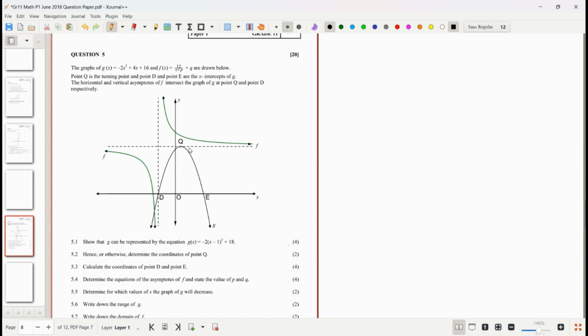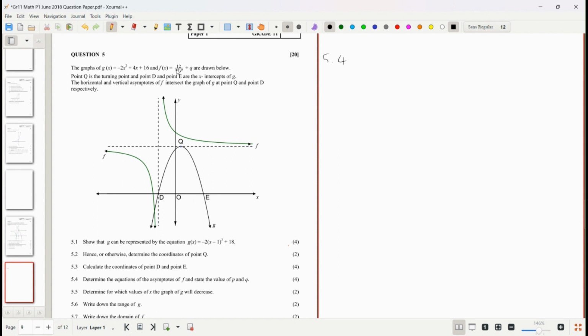We know the value of y from the turning point here is 18, right? It's 18. So we need to use the information that we know. So okay, 5.4, they want us to check the asymptotes for p and q.